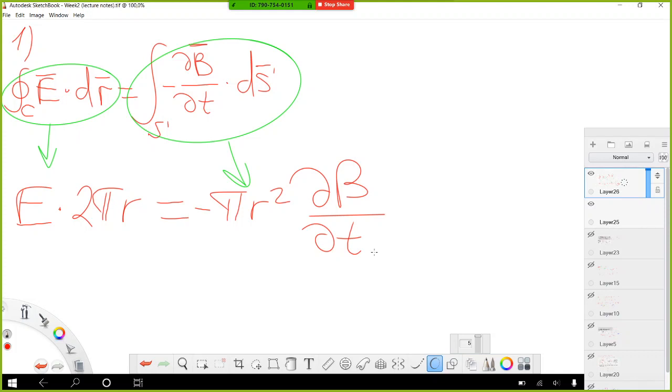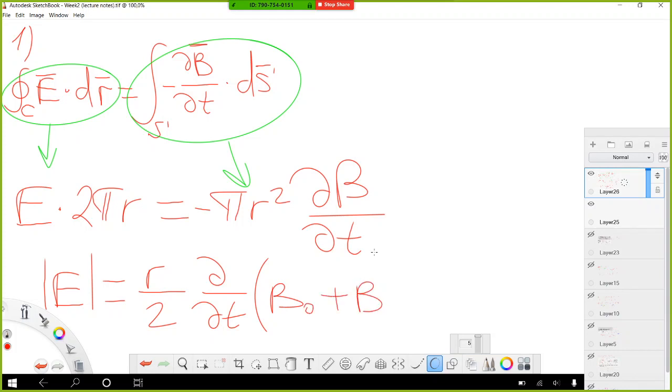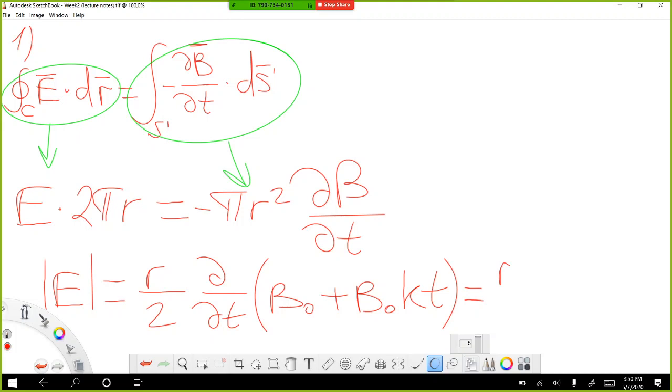And from this relationship we find that the modulus of electric field, I'm writing modulus just for the sake of simplicity, will be equal to, okay, π and π simplify, r and r simplify, there remains r over 2, and d over dt, instead of B we put B0 plus B0 kt, which is equal to r over 2.